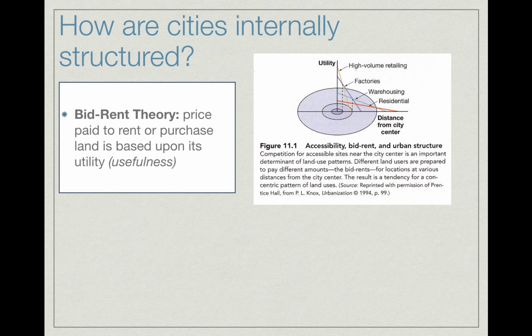No need to rewrite this if you have since mastered it, but it's a reminder, because the concept of bid rent theory sits at the heart of several of these different models of North American cities. Bid rent theory says that the price paid to rent or purchase land is based upon how useful it is. In the central place, there are far more services and amenities.